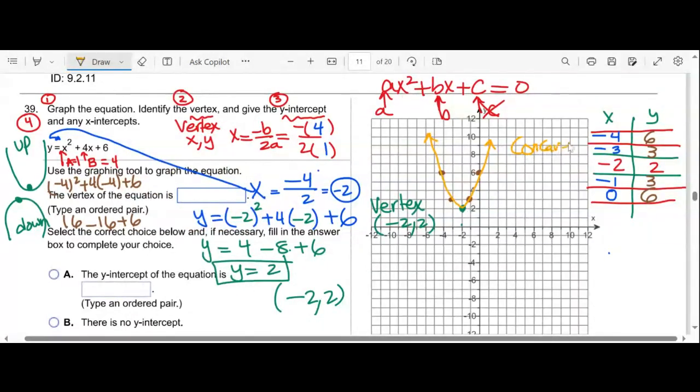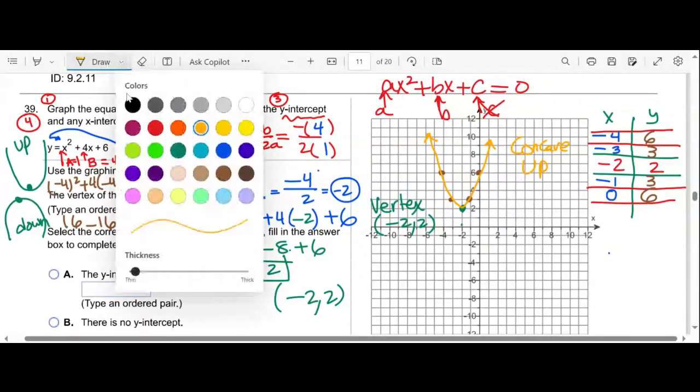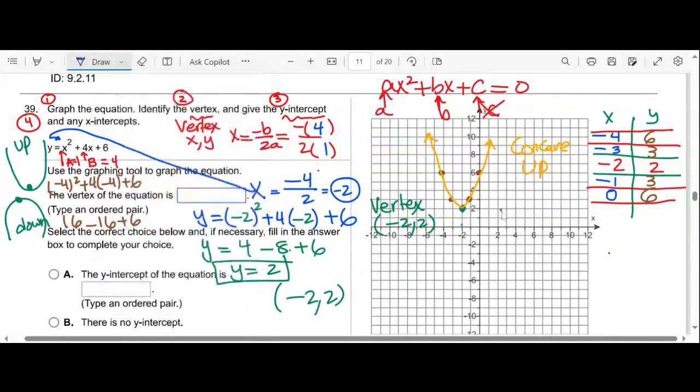Now, it's asking you about the y-intercept, this point, which is how much? 6. 0 and 6.